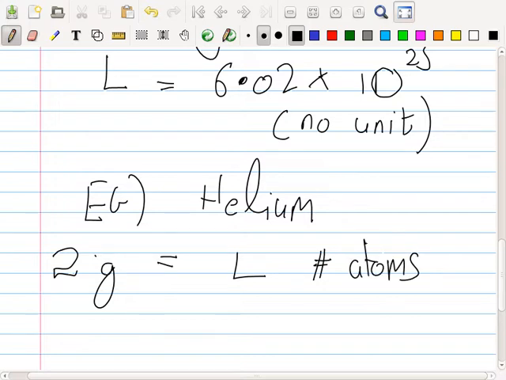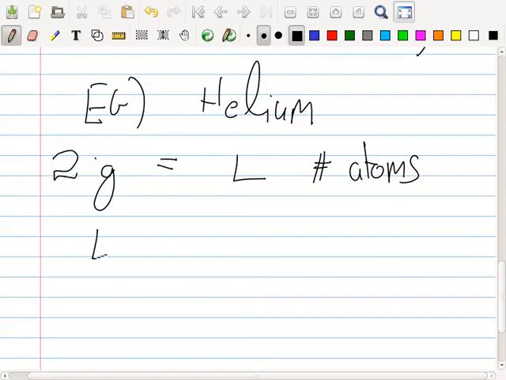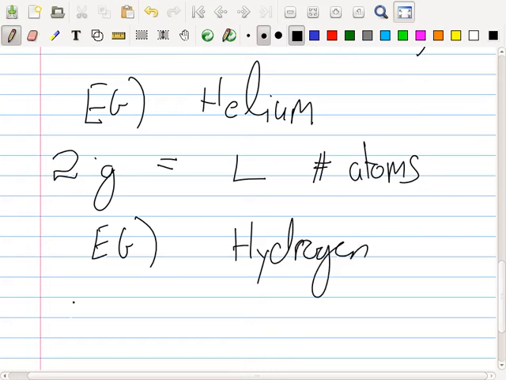So, for example, let's do hydrogen. What's the atomic number for hydrogen? 1. So that means 1 gram of hydrogen, you'll have L number of atoms.